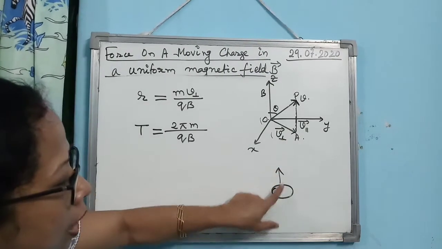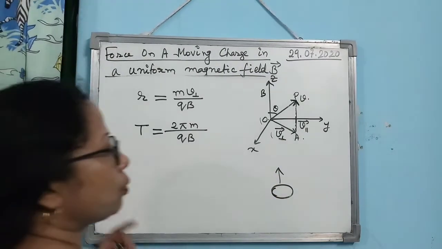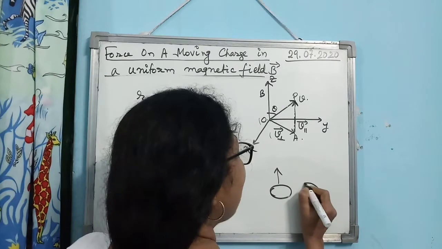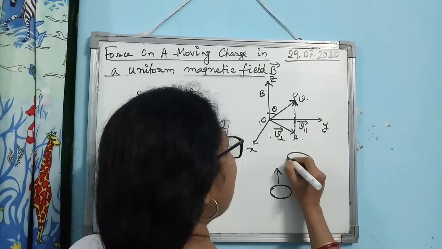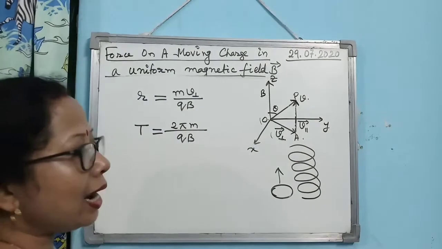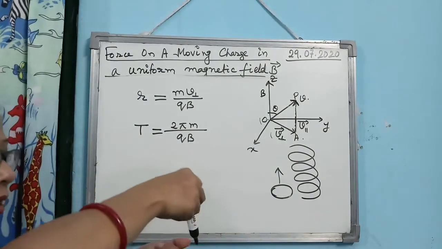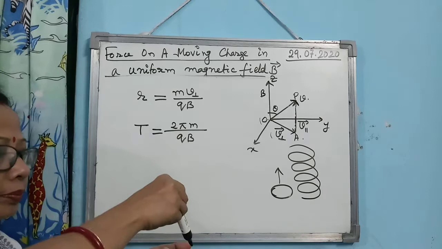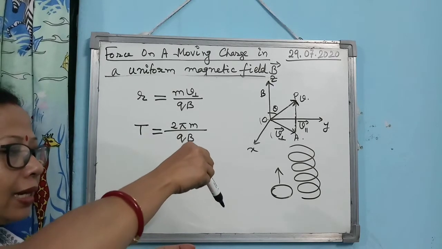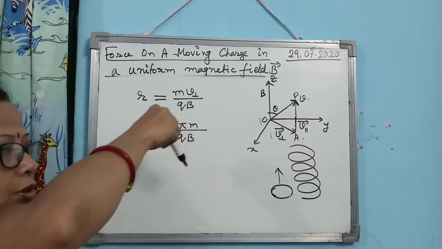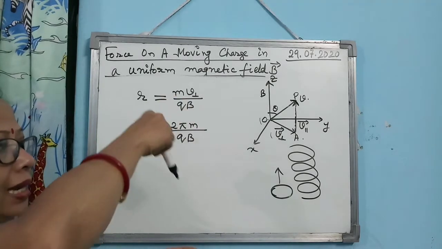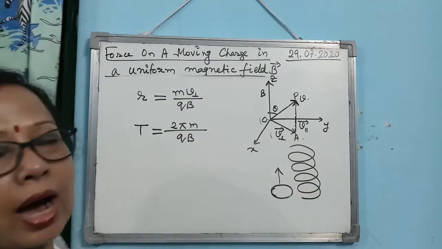If you combine these two, it will have a motion on a helical path. Consider the tip of the pen: it is moving over a circle, but at the same time it is moving up also. This way, in a helical path, it will move up.